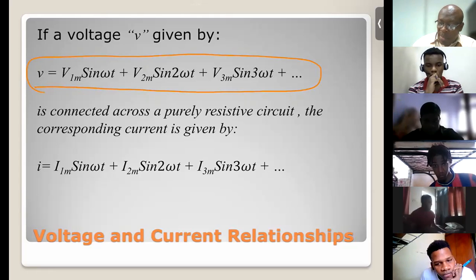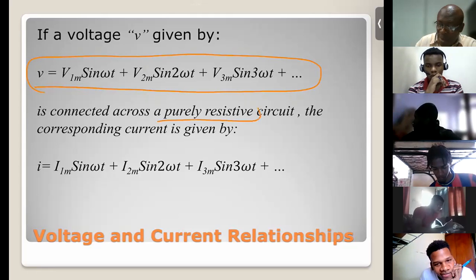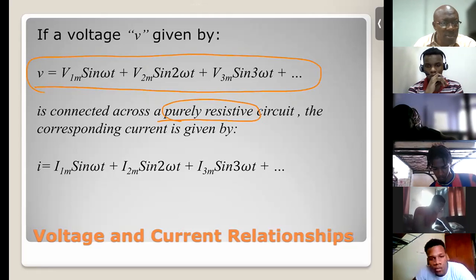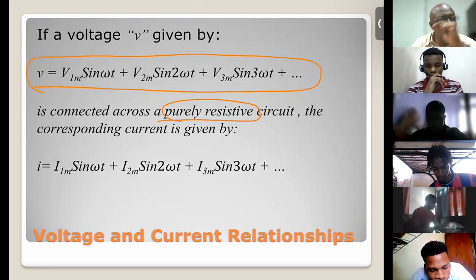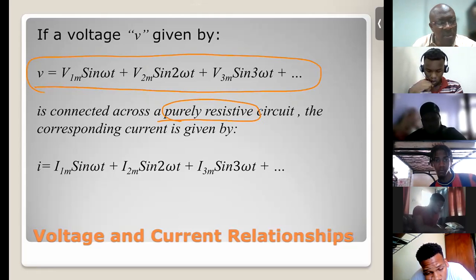And we're saying if we connect it across a resistor, so we have it across a purely resistive circuit, just as if you had an AC and you connect a resistor across the AC. The corresponding current.